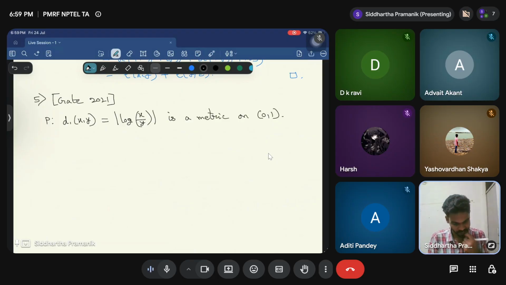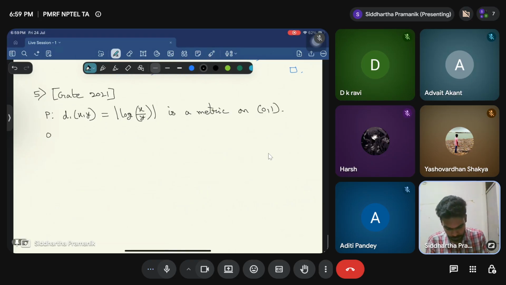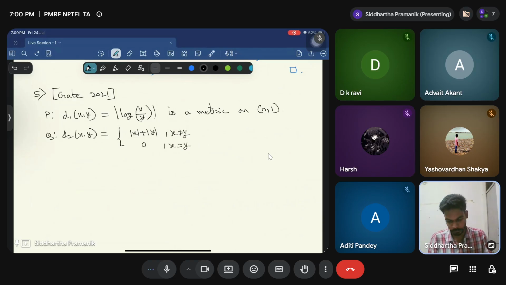The second one is Q. d2 of x, y is defined as modulus of x plus modulus of y when x is not equal to y, and 0 if x is equal to y. They are saying this is also a metric on the open interval (0, 1).